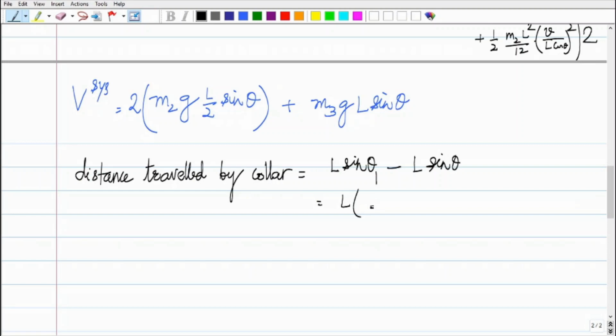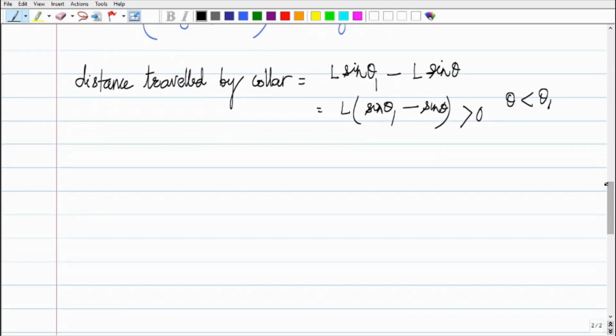So that's nothing but L into sine theta 1 minus sine theta. And notice here theta will be less than theta 1 because the collar is going down, and therefore this number is positive. So that's the distance traveled by the collar. So the work done by the non-conservative force is simply minus F into L into sine theta 1 minus sine theta.